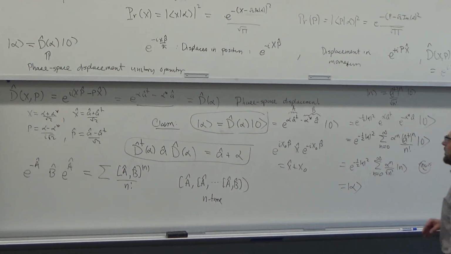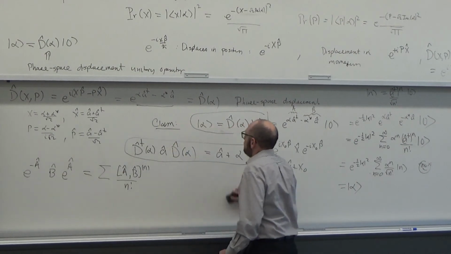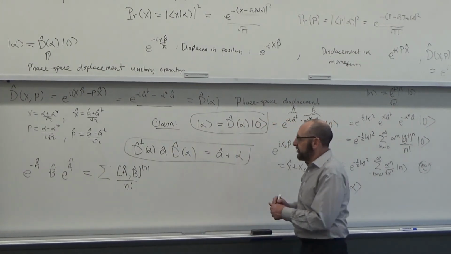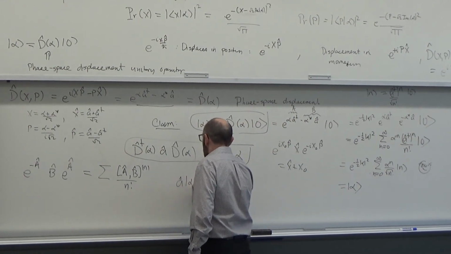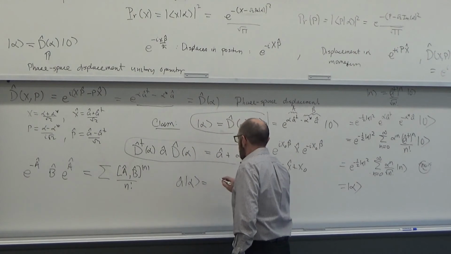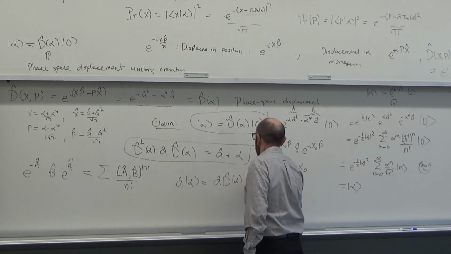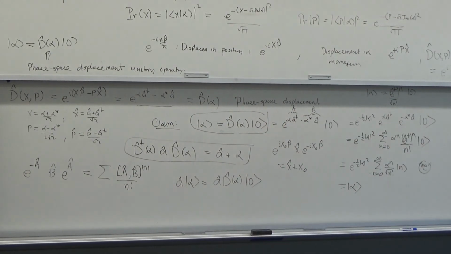So, with this said, another way of proving this is just to take A and apply it to the coherent state. That should be the same as this. But now how do I bring these through?